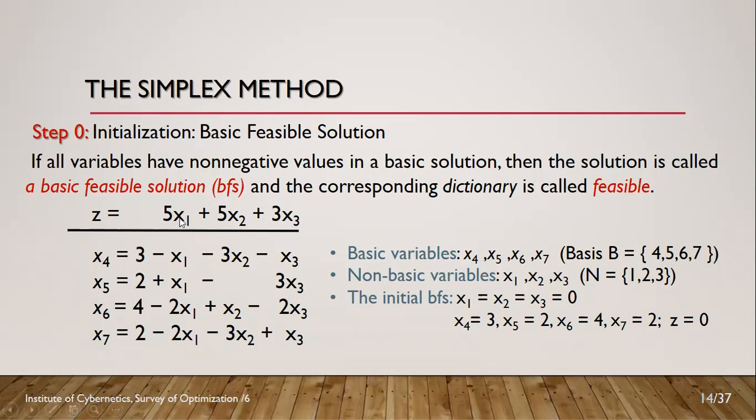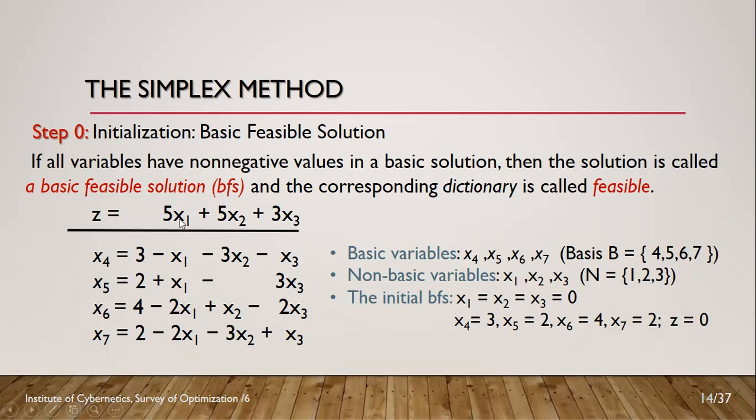Definitely, we can improve our objective by increasing each individual variable here. But as right now all the variables are at the zero level, let's start with some of them. So for example, let's look at the coefficients at these variables and select x sub 1.